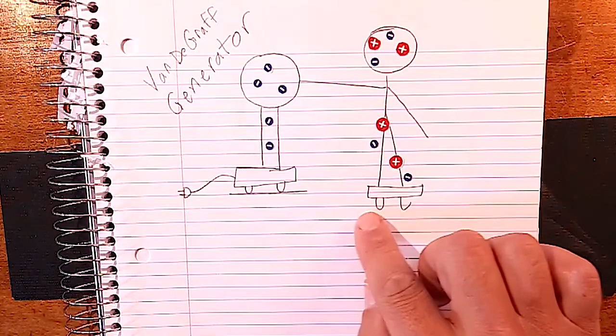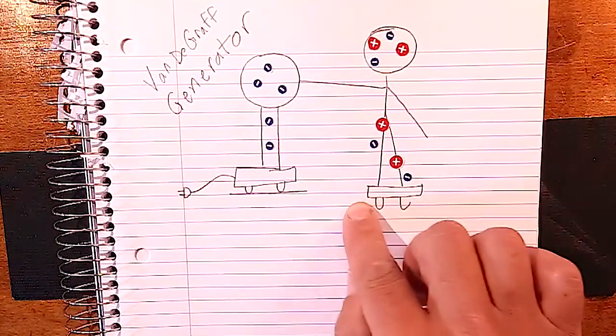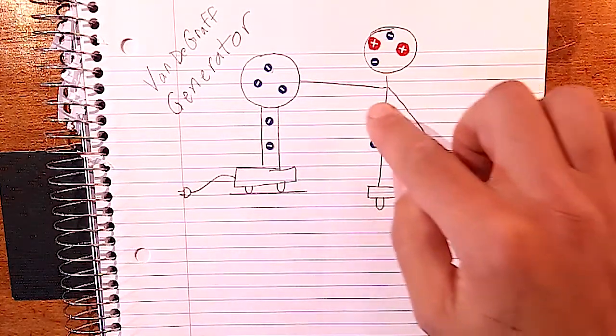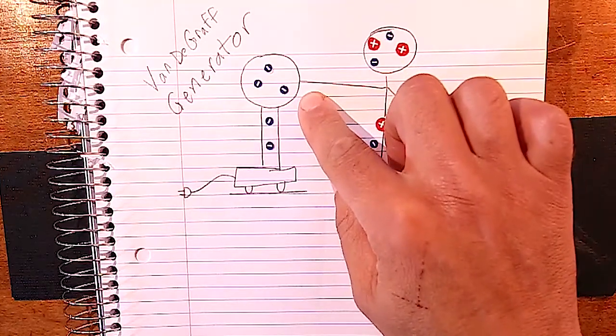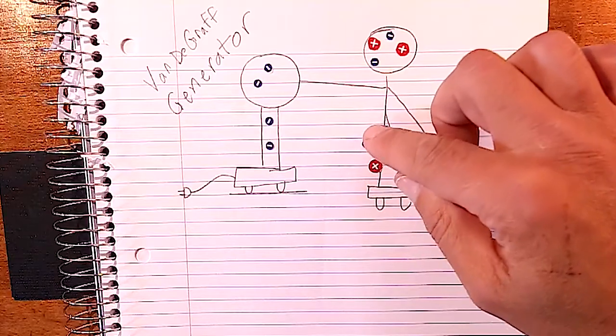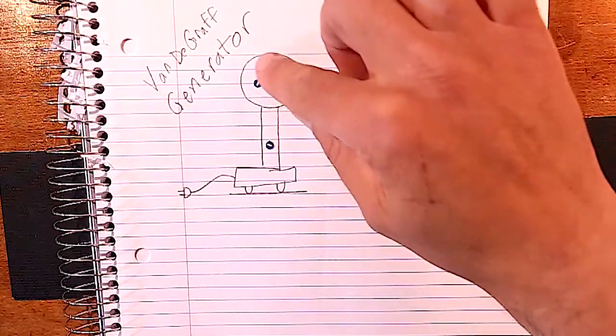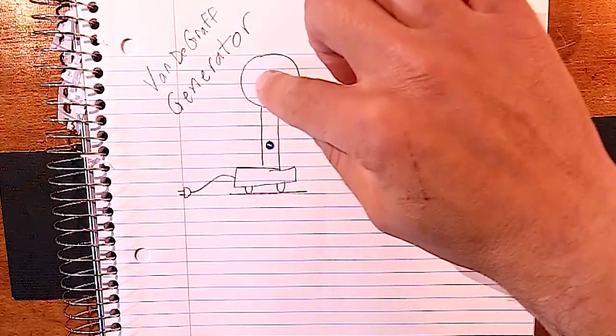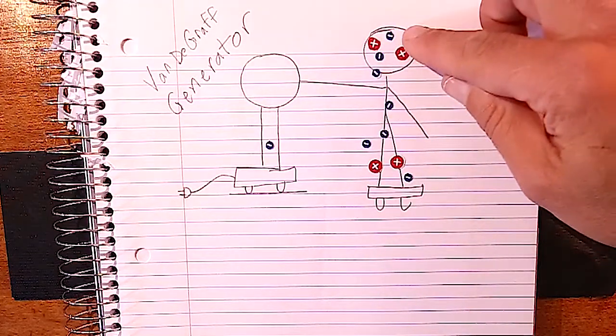So if a person is standing on an insulated surface and they touch the Van de Graaff generator, we're going to get conduction. Electrons are going to run through the person's arm into their whole body.